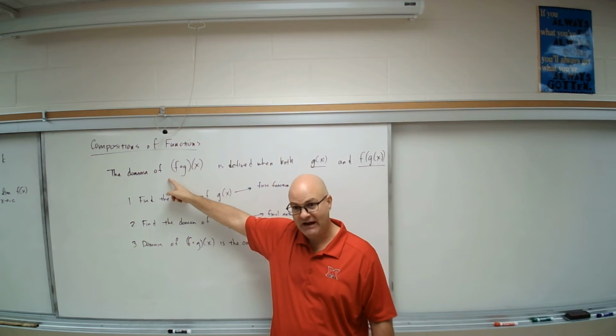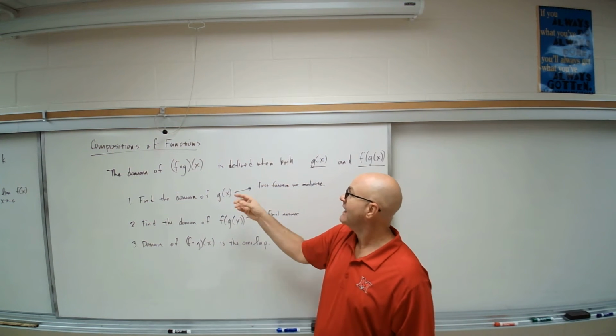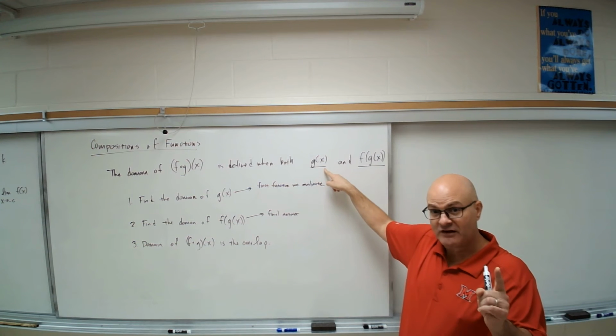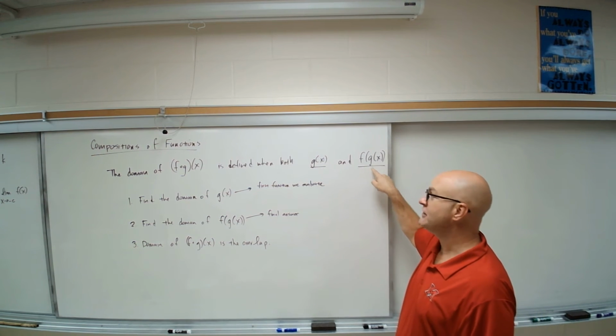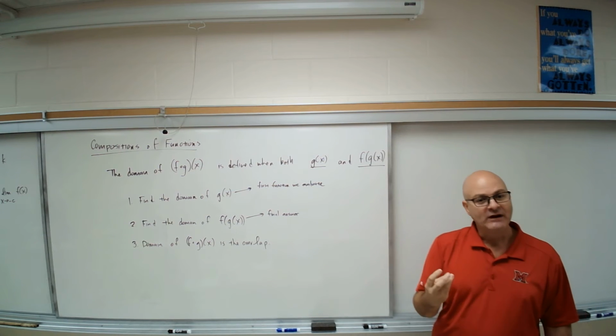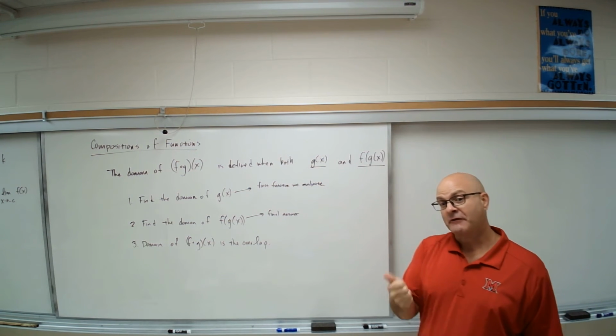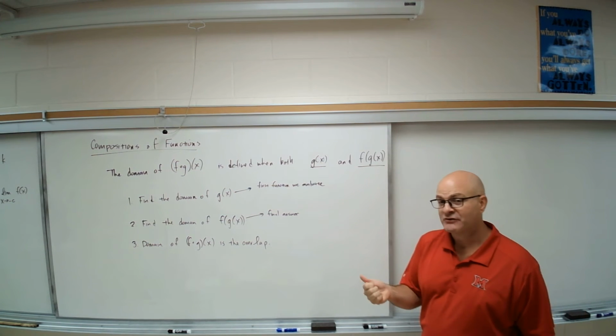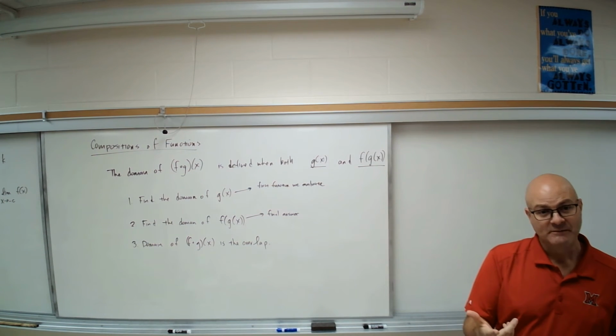And then f comes second. So it is defined when both g of x, the first function, and f of g of x, which is the final answer, are defined. So we have to look two places. If there's a domain restriction in the first function, we have to respect it. And if there's a domain restriction in the final answer, we have to respect it.